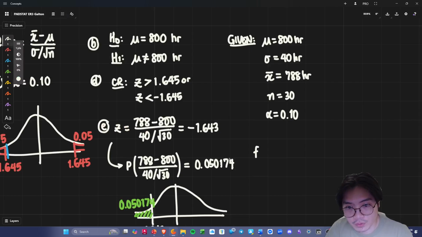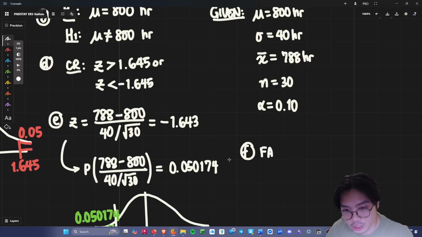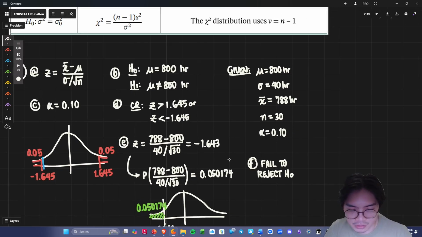So for your final conclusion, we will fail to reject H0, even though it's really close. If you want to repeat this to yourself, you may: there is not enough evidence for us to be sure, and sure here means a 10% chance of being wrong.